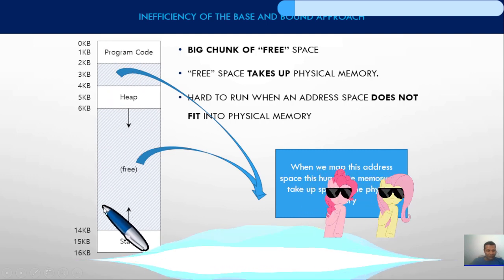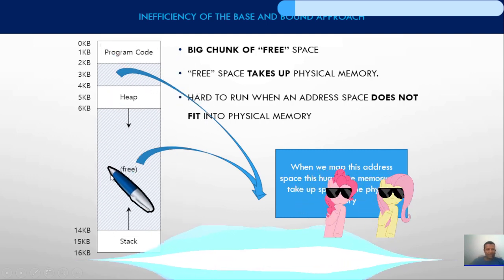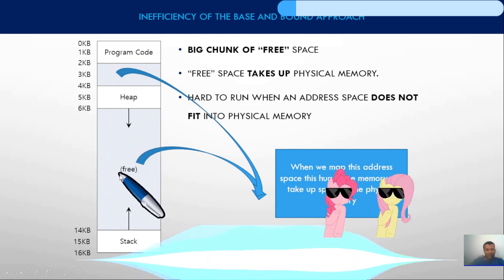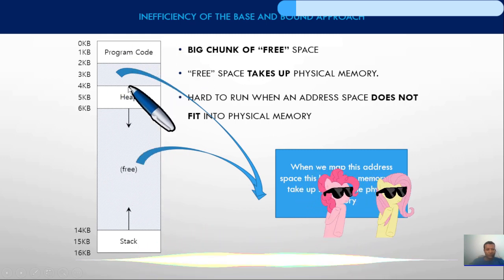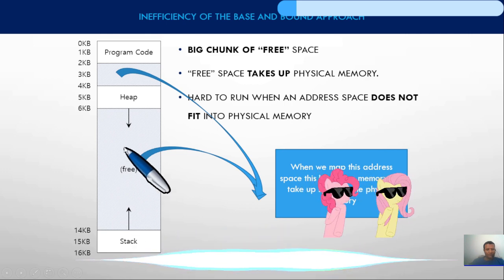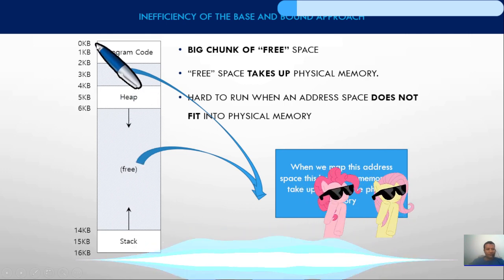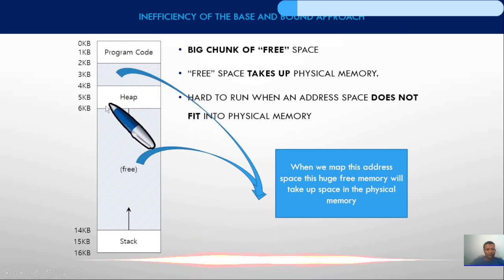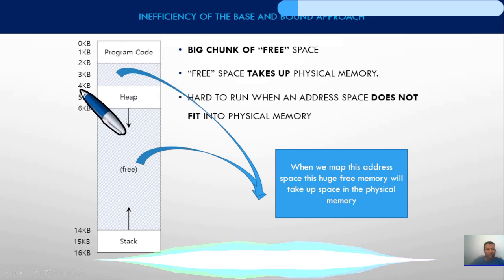As you can see here, we have the address space, the virtual memory, of 16 kilobytes. In this address space we have the program code, the heap, and the stack. From 0 kilobytes to 2 kilobytes we have the program code, and from 2 KB to 4 KB this is free.